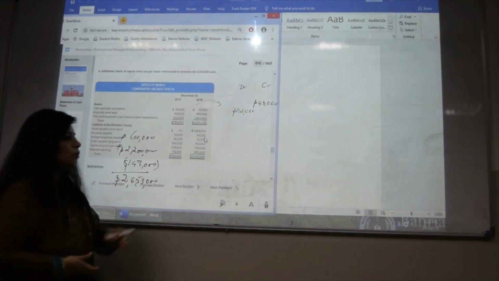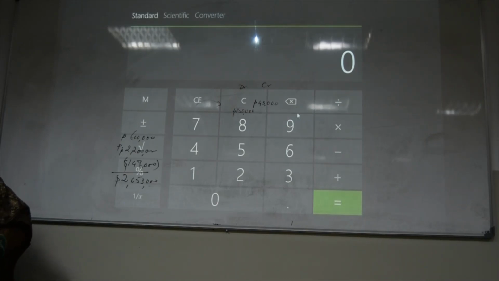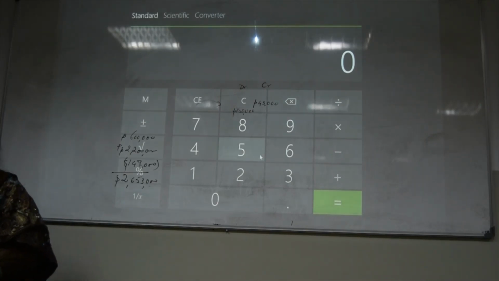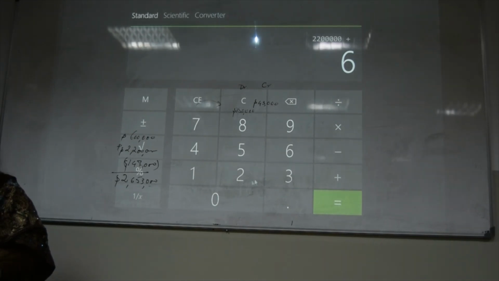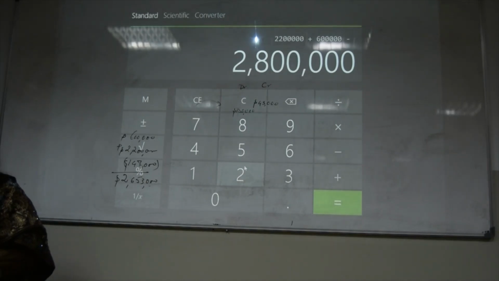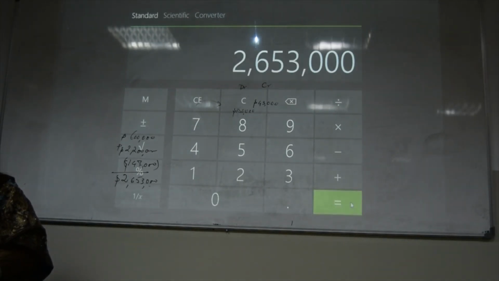Let me do it on the calculator as well so you can have a better look. 2,000,000 add 600,000, subtracted by 147,000, so this is 2,653,000.